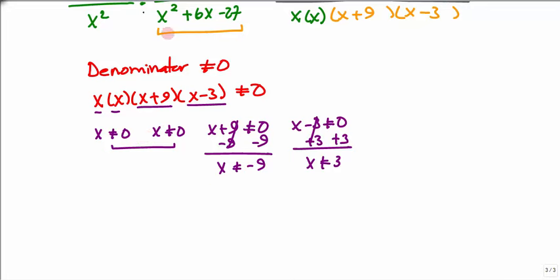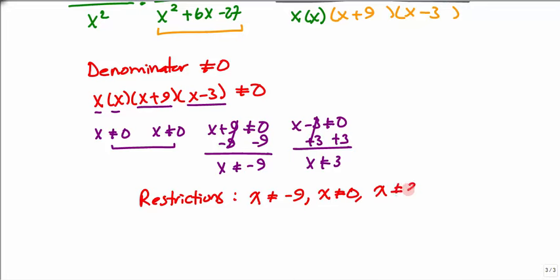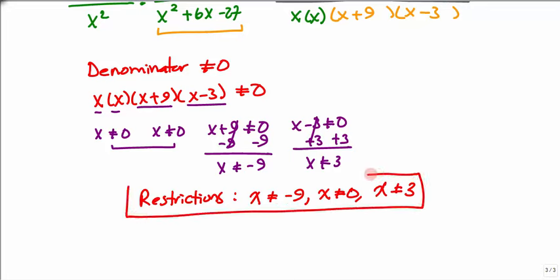So for my restrictions, and I like to list these in order from smallest to largest, I say x cannot equal negative 9, x cannot equal 0, x cannot equal 3. So those are my restrictions.